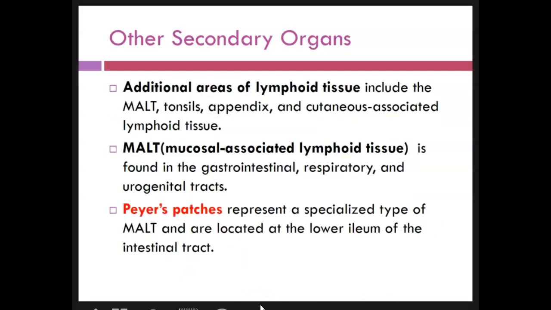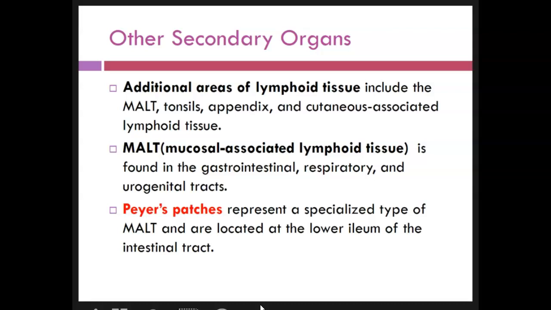Additional areas of lymphoid tissue include the MALT, that includes the tonsils, the appendix, and the cecum. We talked about that in the first lecture. And remember that Peyer's patches represent a specialized type of MALT, and they're located at the lower ileum of the intestinal tract.